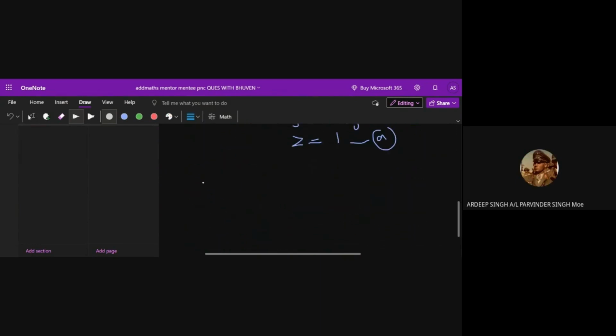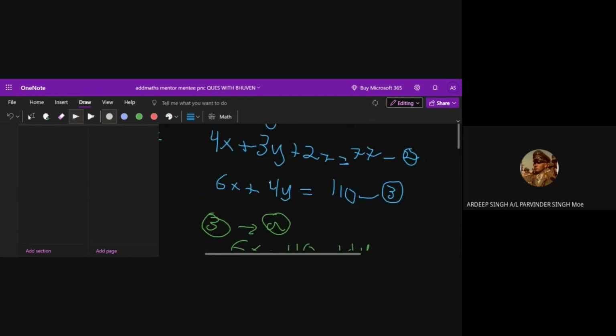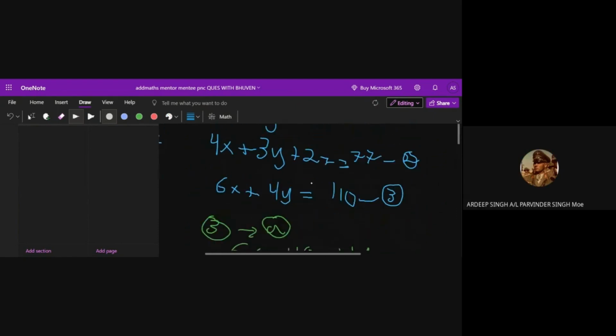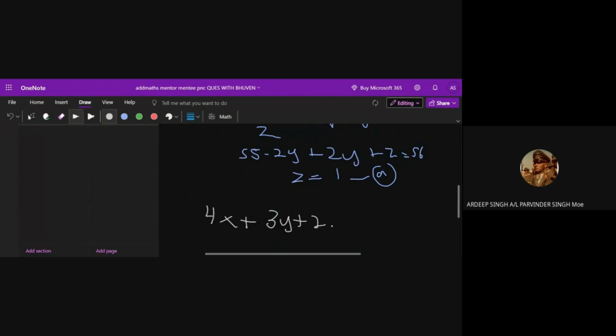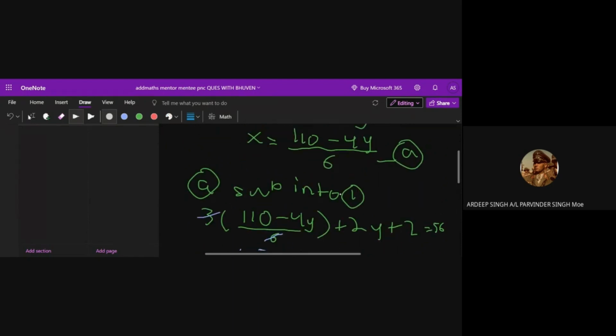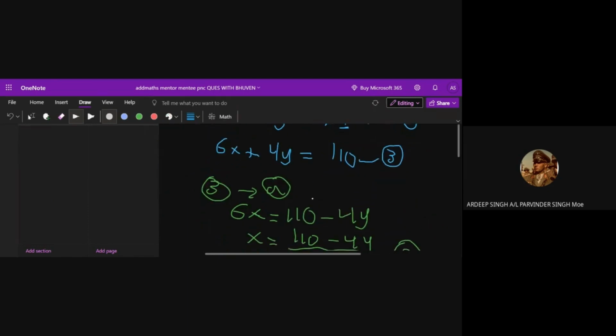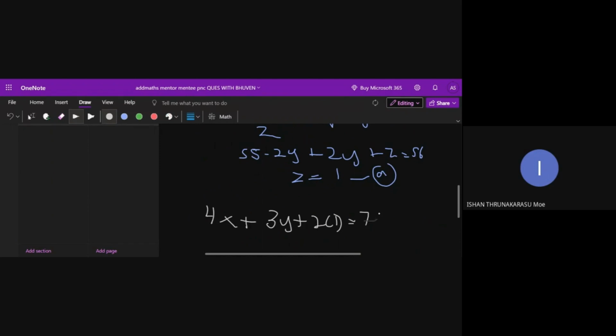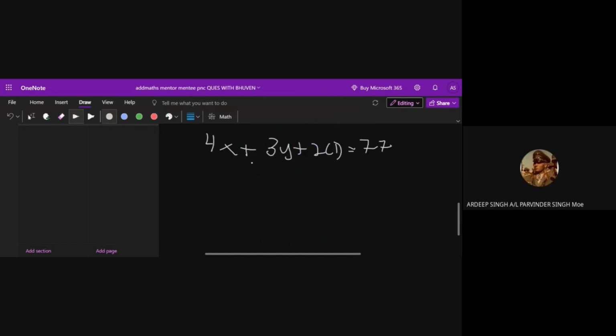So equals to 4x, bracket, plus 3y, then plus 2 times 2z, which is 2 times 1, you get 77. So altogether you will get 4x plus 3y equals 75. So I can make this equation D.